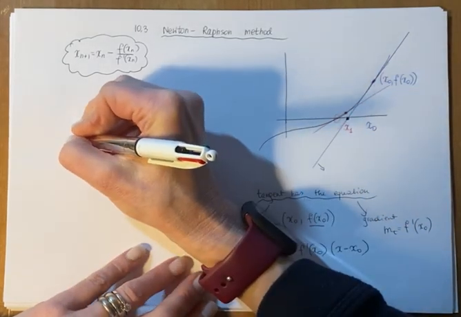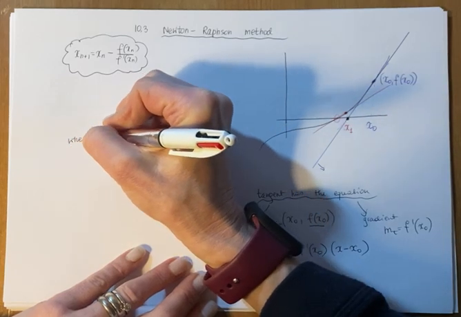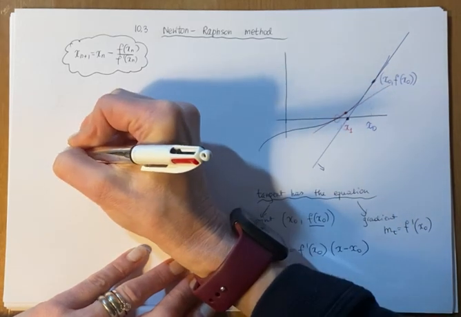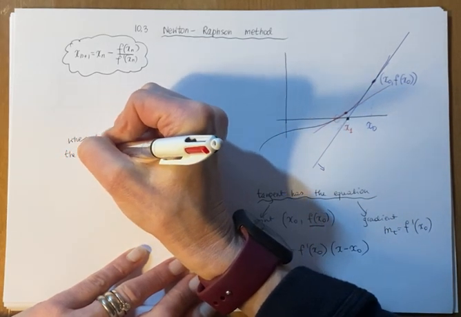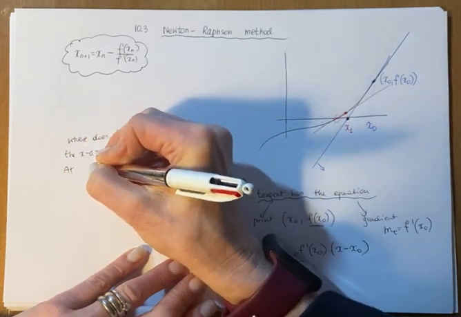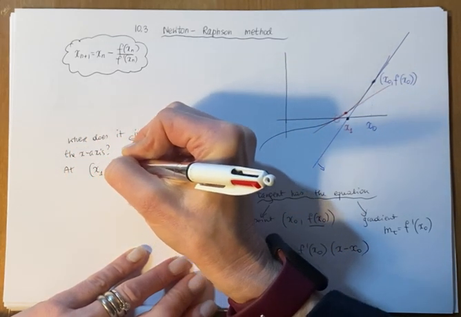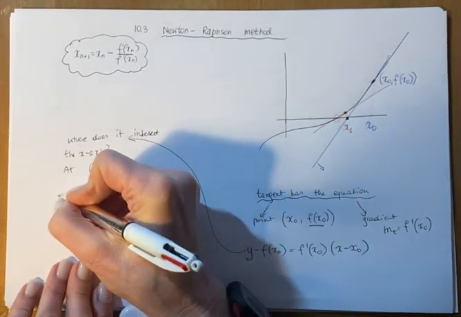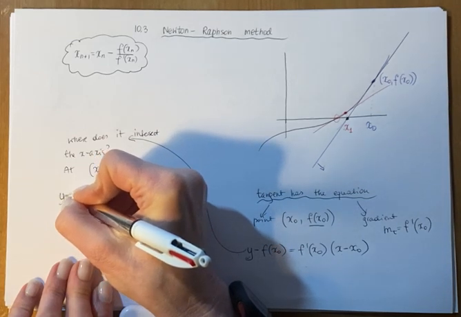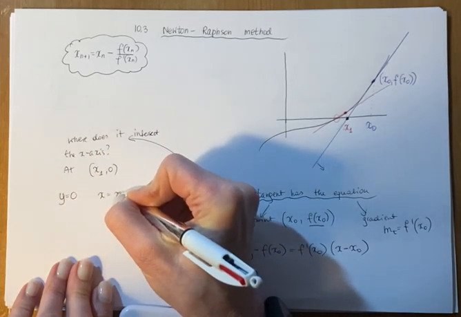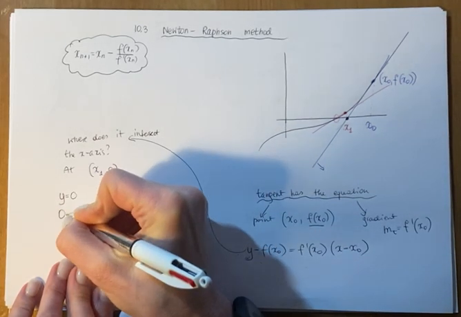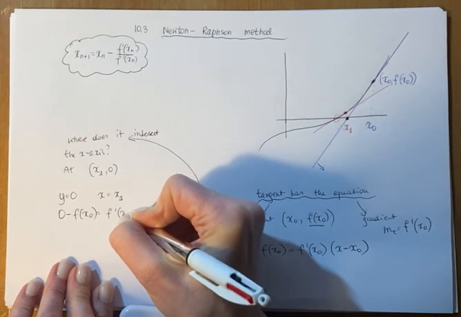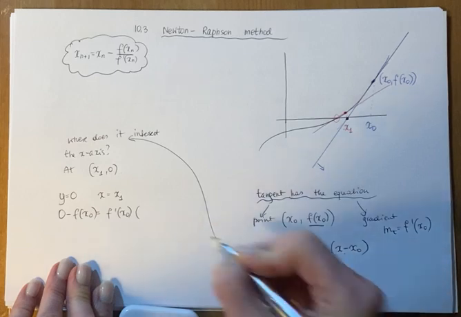So where does it intersect the x-axis? At point x1, 0. So let's substitute these into the equation. So you've got y is going to be 0, and then x is going to be x1. So you've got 0 minus f of x0 is equal to f dash of x0, and then x is x1.